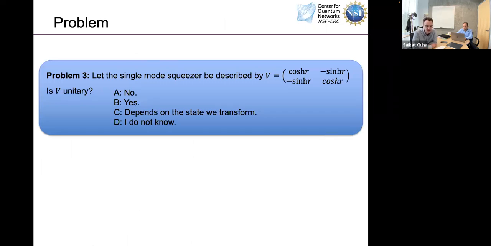A very small problem here. I give you the Heisenberg matrix for a specific single-mode squeezing operator, and I simply ask you to verify whether that is unitary or not.